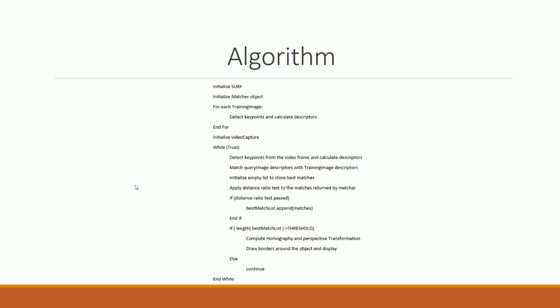Then we run a while loop, and whatever our video is capturing, we detect key points from it, and also we calculate the descriptors, and then we match these descriptors with the descriptors we have in our training images.